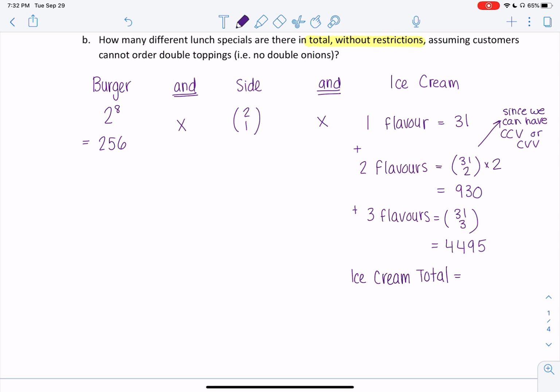So I will have 31 plus 930 plus 4,495. And when I put that all in my calculator, I will get 5,456 options for my ice cream. So now I figured out all my options for the burger, the side, and the ice cream. So now I can get my total number of lunch specials.